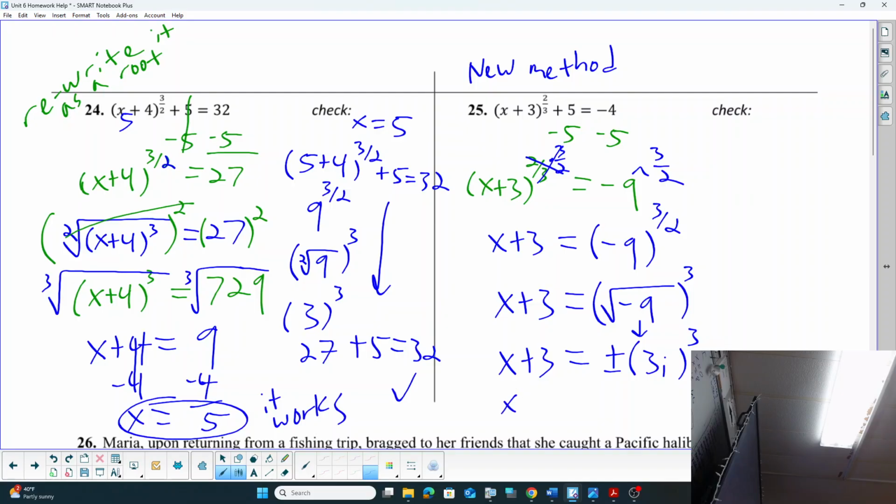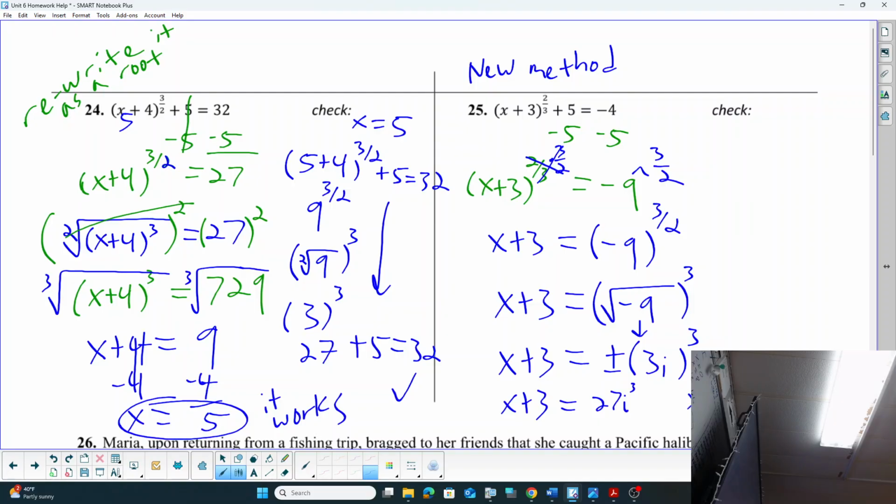So that'll be x plus 3 is equal to 3i to the 3rd power. So positive, positive, positive. 3 times 3 is 9 times 3 is 27. So 27i to the 3rd power. I guess that would be squared with an i. So that'll change it.